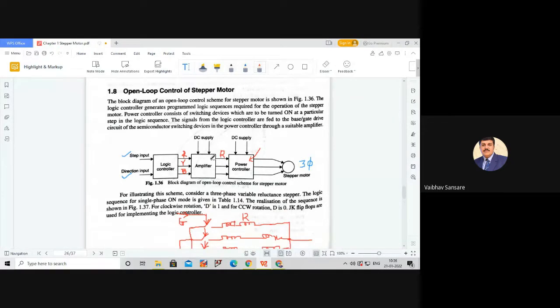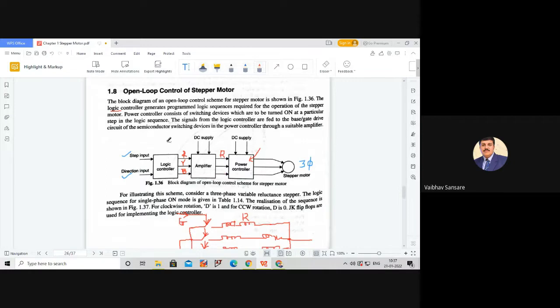Whatever I have explained now, we can summarize. The logic controller generates the program logic sequence which is required for operation of the stepper motor. The power controller consists of switching devices, and those switching devices are turned on at the particular step in the logic sequence.